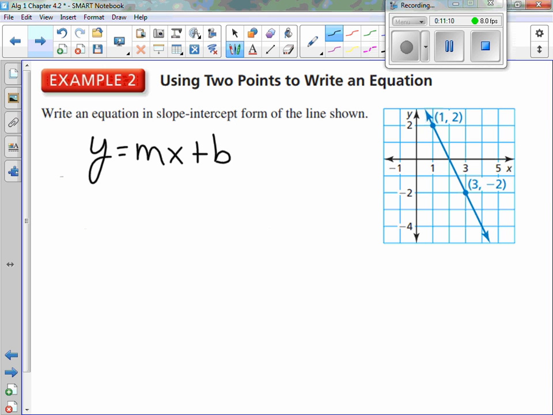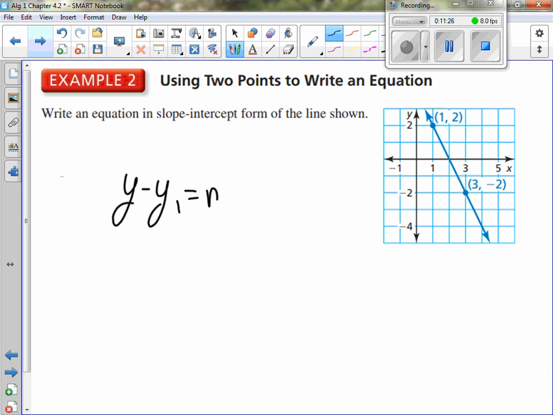Yesterday they gave us the slope and the y-intercept, so it was kind of easier to work with. Did they give us the y-intercept for this one? No, we don't know what the y-intercept is. This is why this formula, y minus y1 equals m times x minus x1, is helpful.